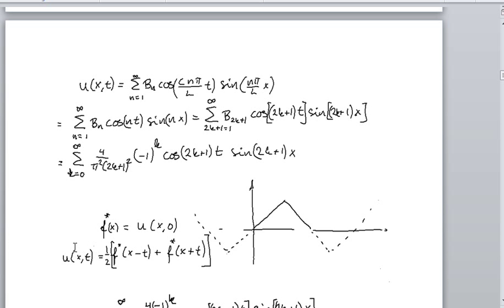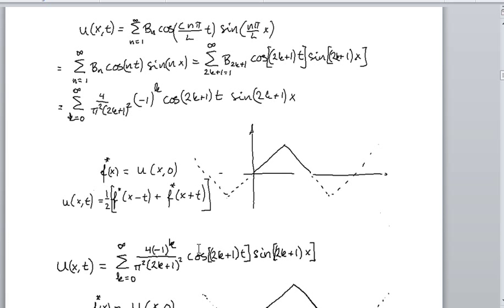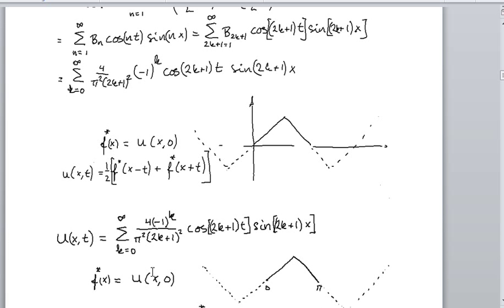We also recall that the function u of x, t, is equal to a sum of two functions: f star of x minus ct, where c is equal to 1 in our example, so therefore we don't see the c, plus f star of x plus ct. So we know that the function u of x, t takes this form.